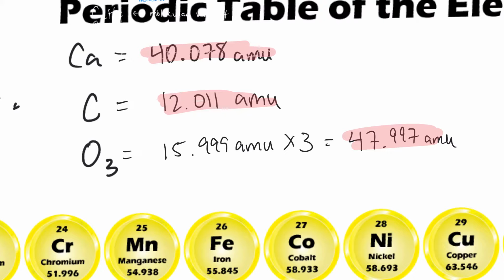So we get 47.997 plus 12.011 plus 40.078, and what we get is that the molecular or formula weight for this compound, CaCO3, is 100.086 AMU. So that's the formula weight for calcium carbonate. This is how you calculate the molecular weight or the formula weight for any type of compound.